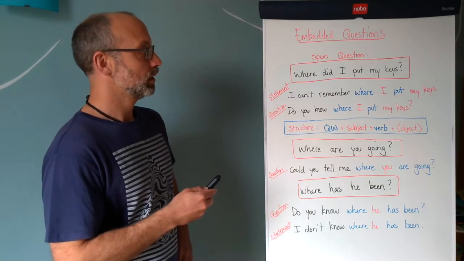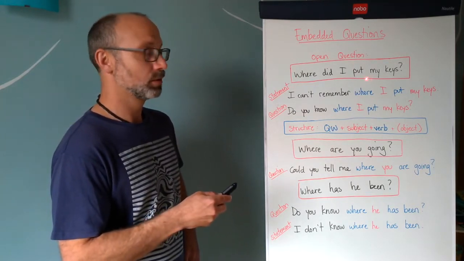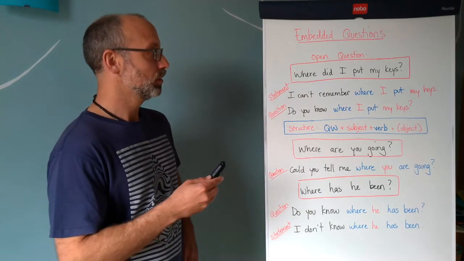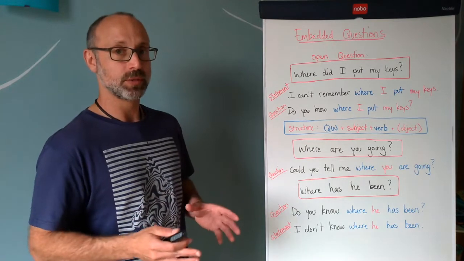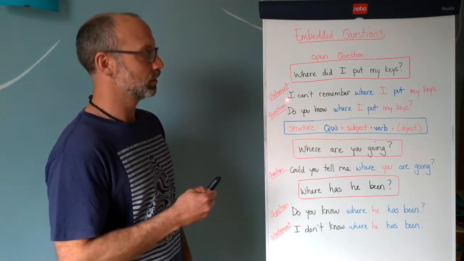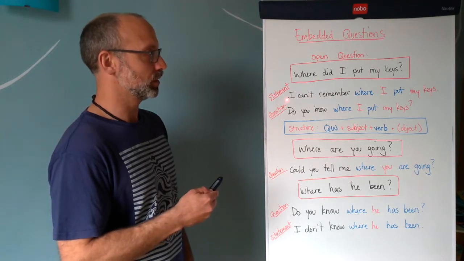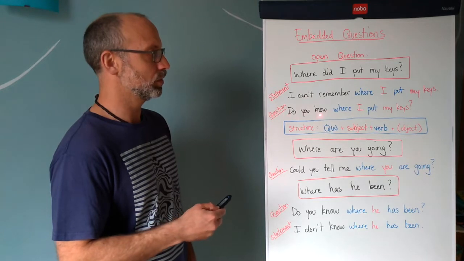So how do we take this and make it into an embedded question? Well, first, we always begin an embedded question with some sort of short statement or short question. All right, so what you can see in black here is a short statement: I can't remember. Or a short question: do you know?